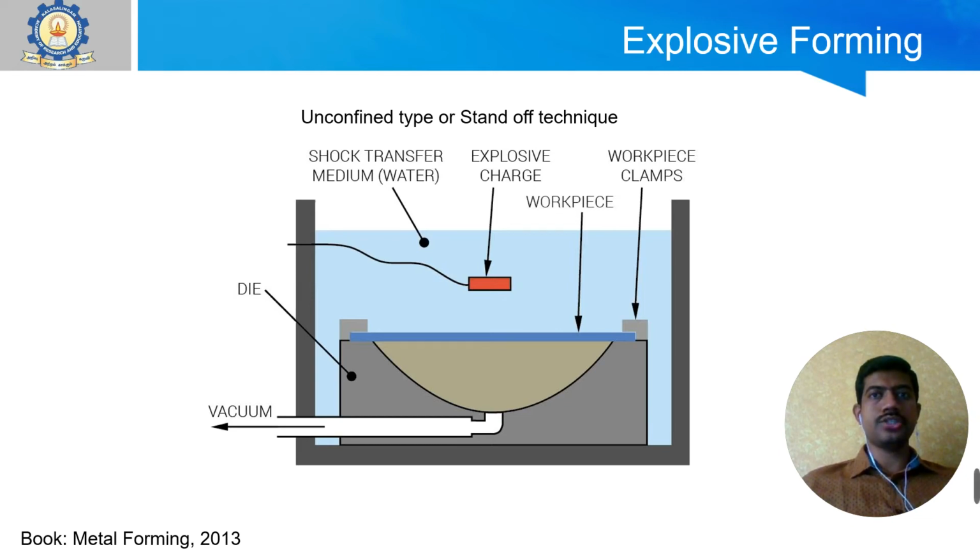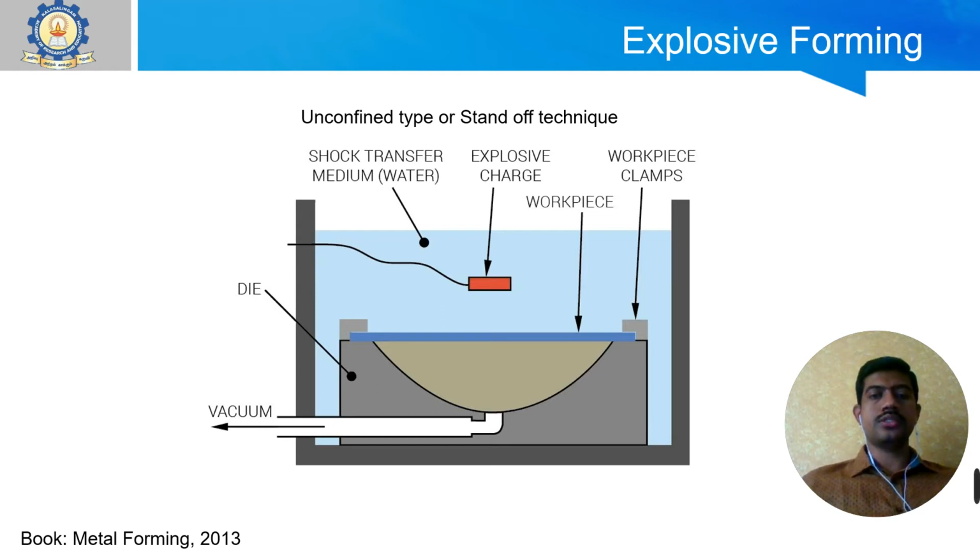This shock wave will generate a high amount of pressure and force towards your sheet metal. This force will make your sheet metal get deformed and form the actual shape of your die. So this is the technique.